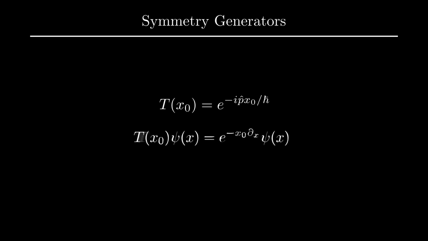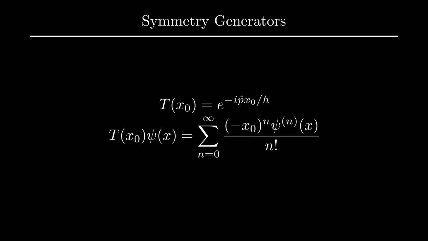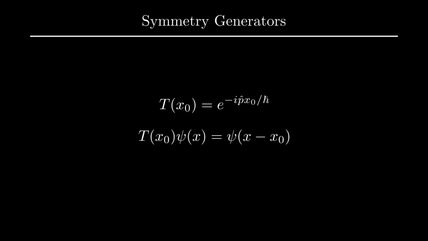Expanding out this exponent, we get an exponential of a derivative scaled by this value x naught. If we now Taylor expand the exponential, we get the following expression. Note that if psi is analytic, as we assumed, this simply reduces to a Taylor expansion of psi about x evaluated at x minus x naught, giving us the following.